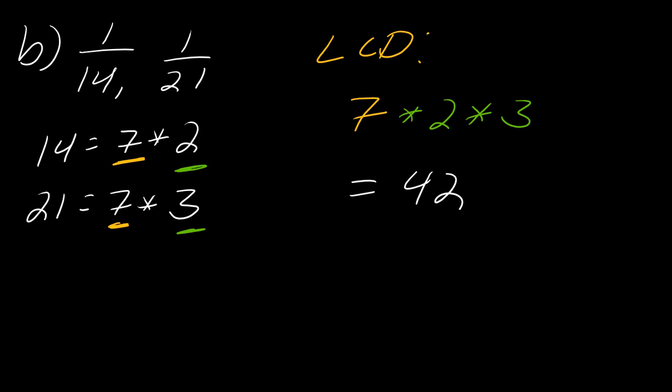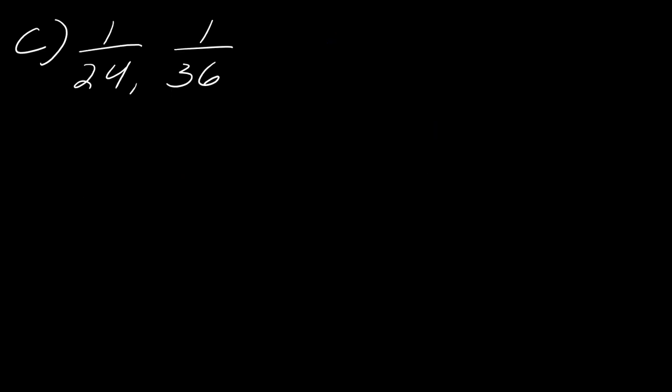Okay, so let's keep going with this. I'll do this next one. I've got 24 and 36. Now you might want to pause the video here and think about this and see if you can do this on your own. 24 and 36, what's the largest number that divides into them? See if you can just finish this.